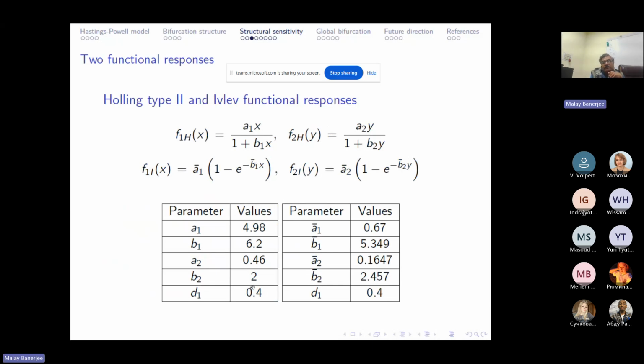The parameter values A1, B1, A2, B2 are given in the paper, and we are considering these parameter values. Then we use a nonlinear least square method to estimate the parameters A1 bar, B1 bar, A2 bar, B2 bar in such a way that, within an admissible range of values of X and Y, the two functional forms remain close to each other.